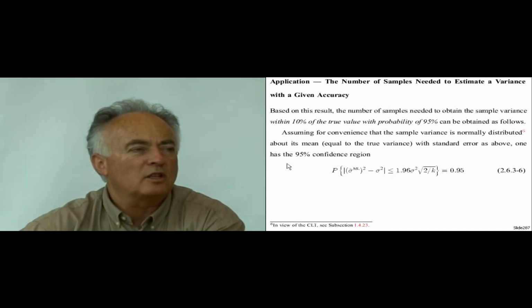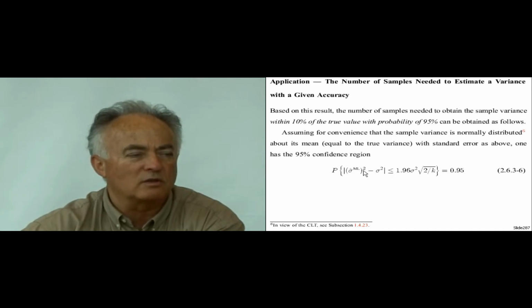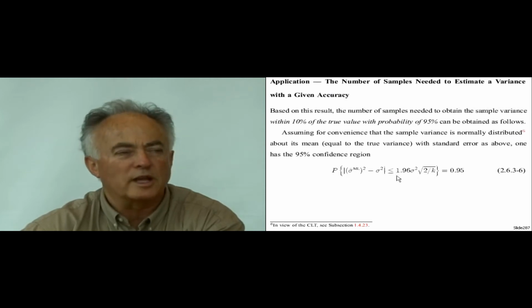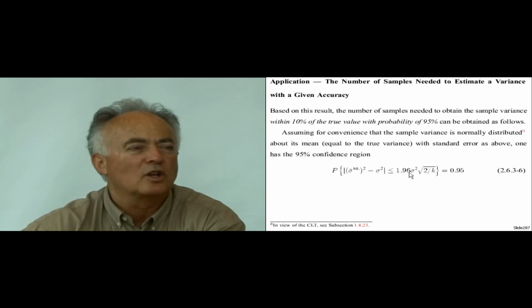What is the 95% confidence region of a Gaussian variable? So if we say that this is Gaussian, this is the true value, the probability that the estimate will be within 2 standard errors, 1.96 standard errors, away from the mean is 95%.